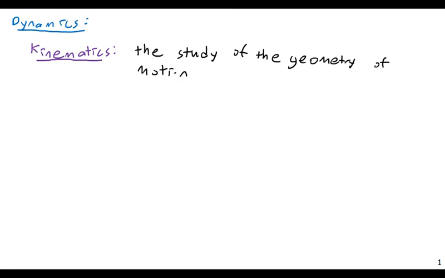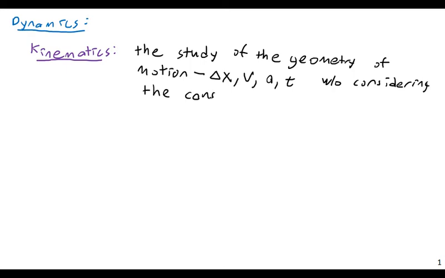We are concerned only with the path of objects. So basically we're looking at displacement, things like delta x, v, a, time, etc., without considering the cause of motion. In other words, we're ignoring the actual forces and masses involved.